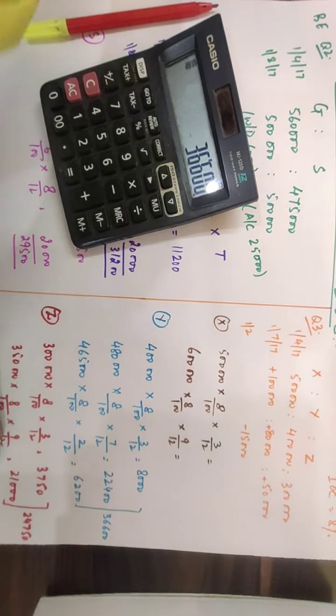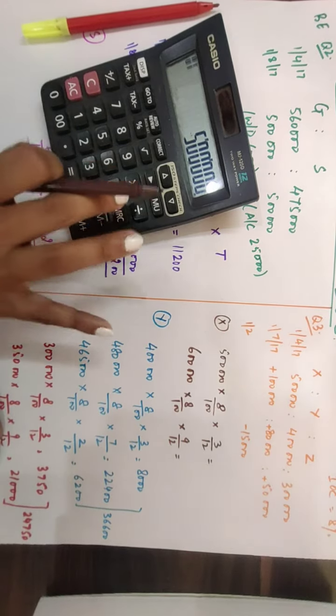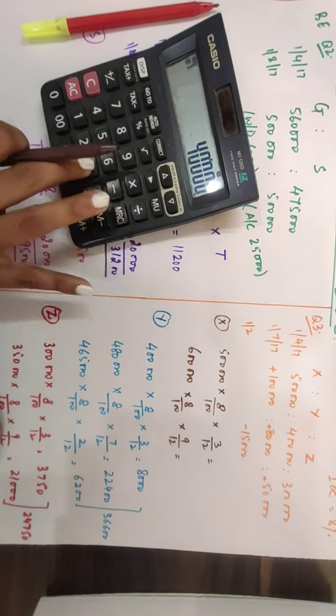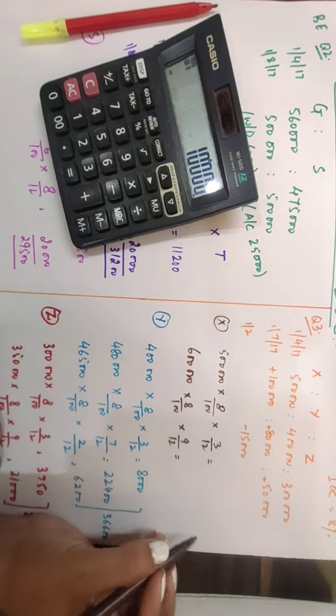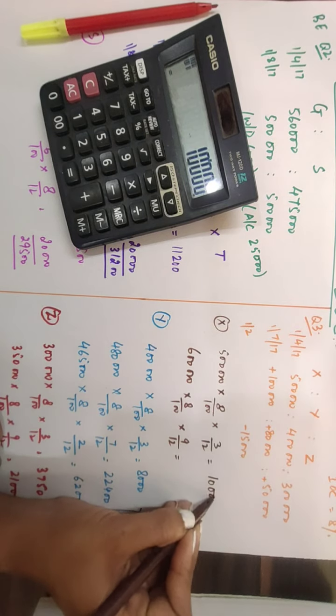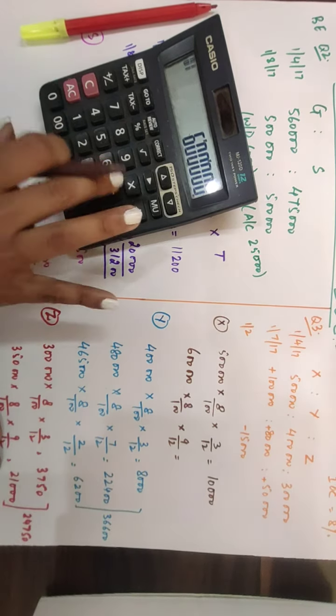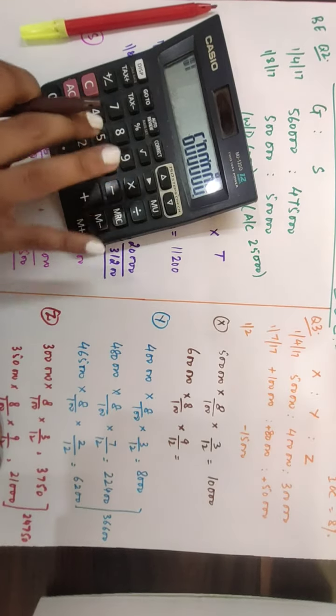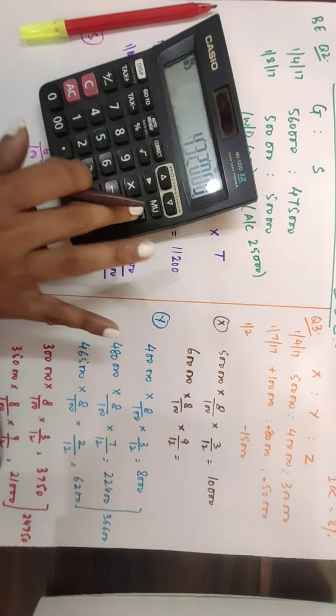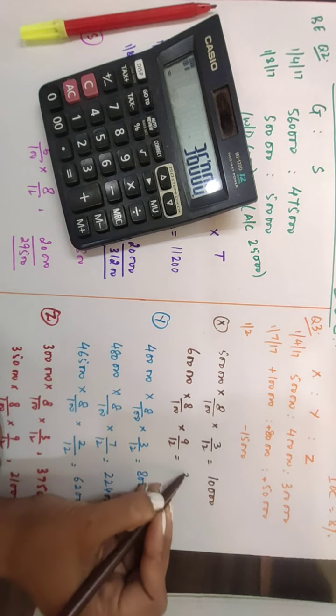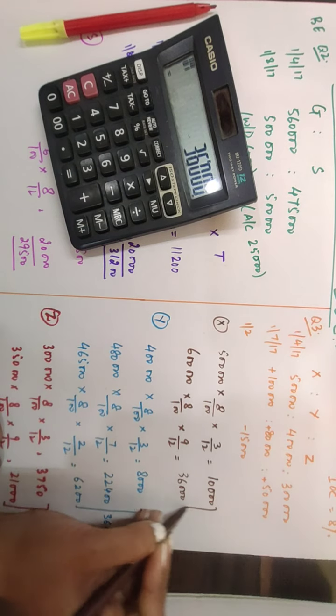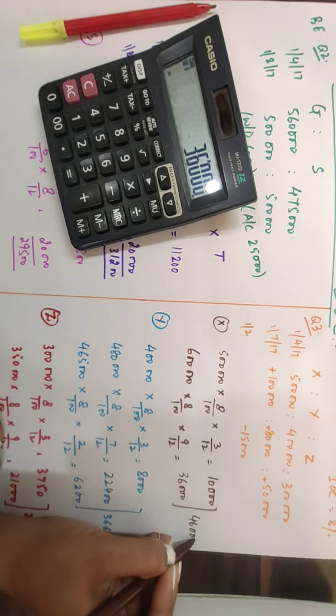Now the third person, 5 lakh into 8% into 3 upon 12. That gives you 10,000. And then 6 lakhs into 8% into 9 upon 12 gives you 36,000. So 36 and 10 gives you 46,000, right?